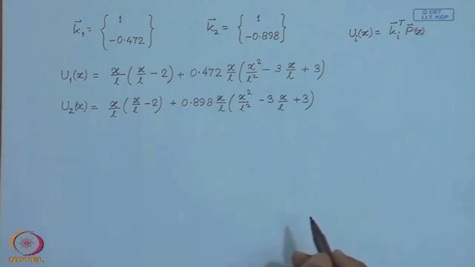So, these are the two eigenfunctions that are obtained from the Galerkin method.